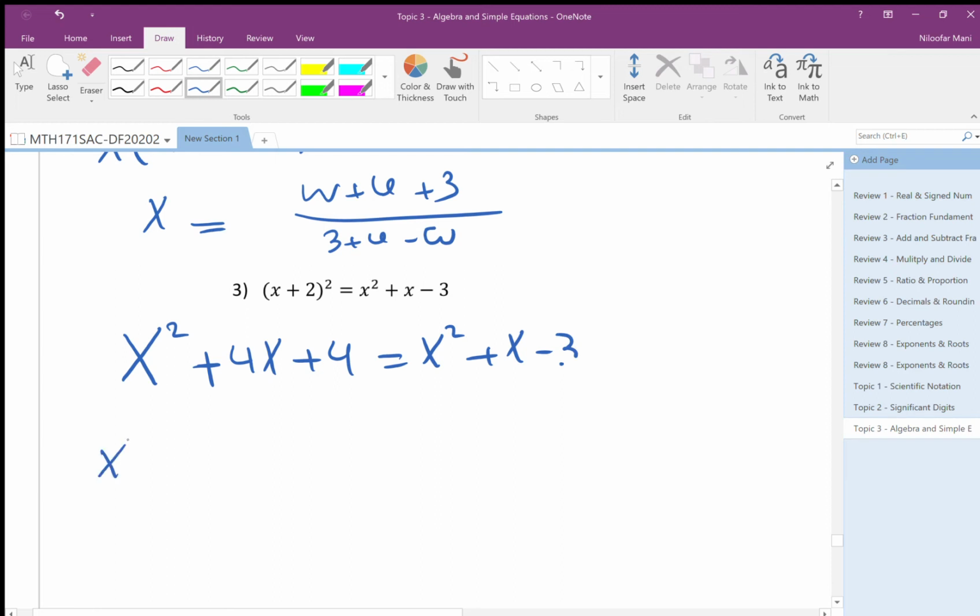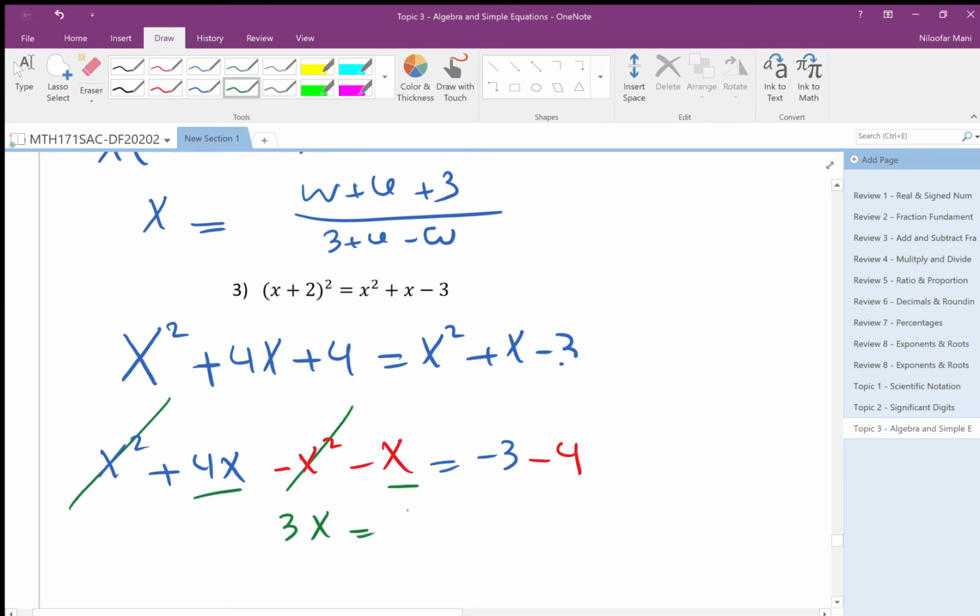So it's x squared plus 4x minus x squared minus x equal minus 3 minus 4. Okay, so now can I combine? So this and this gone. So this and this are 3x equal minus 7, and x is minus 7 divided by 3.